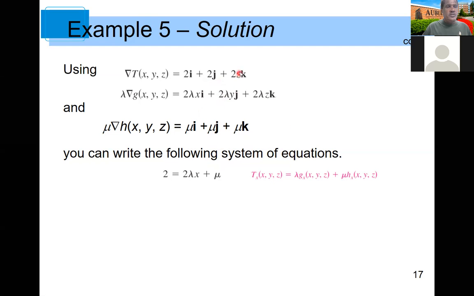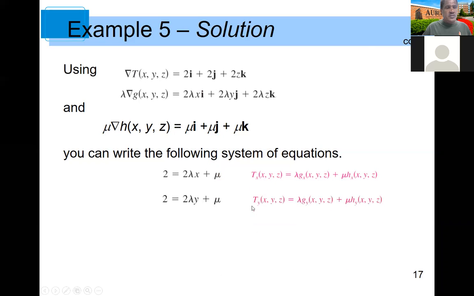What else? 2z equals 2 lambda z plus mu. So what we get is here from this one and here from this one, okay?